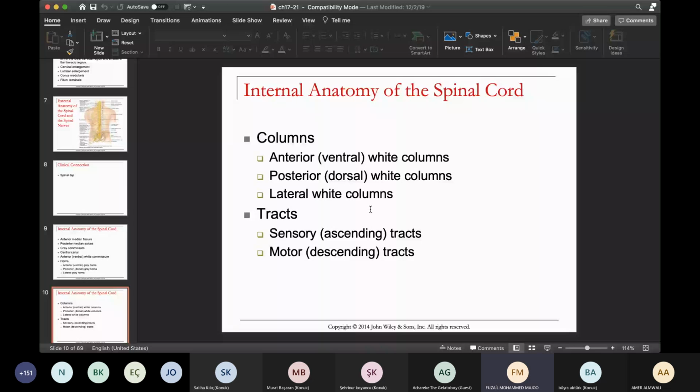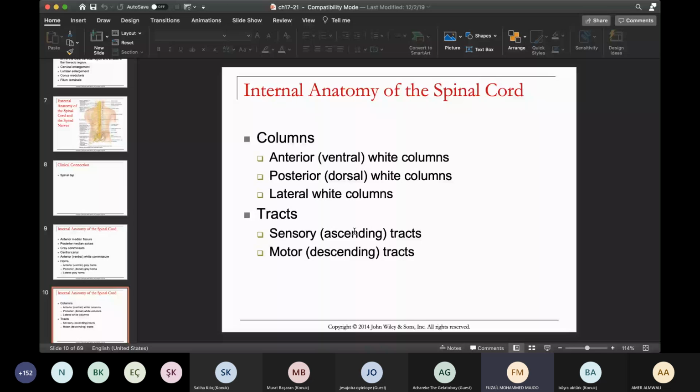Now, the ones that are going up, or ascending, are referred to as sensory tracts, because they conduct nerve impulses from the spinal cord up to the brain.